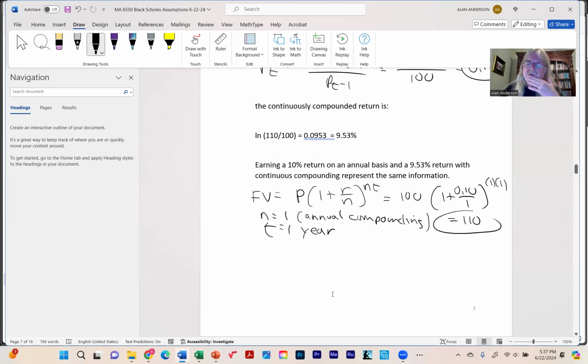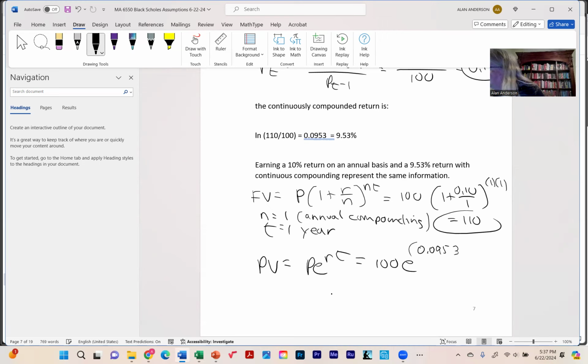With the continuous compounding, though, the future value, if you recall, is equal to, so if you pop that into your calculator, okay, so except for the rounding, you're going to end up with 109.999 something.